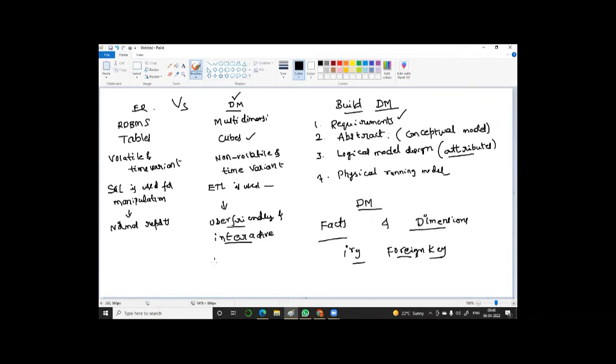Let us say there is a table having different attributes. Let us say 1, 2, 3, 4. 1 is the primary key, let us say. Now that 1 I use as a foreign key, and here 5, 6, different data is stored in another table. So here 1 is a foreign key where I can access the 5, 6 values also.